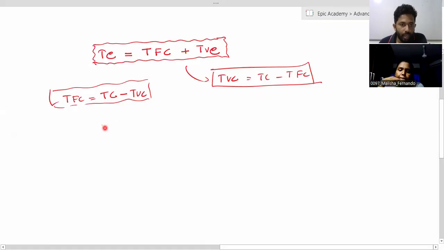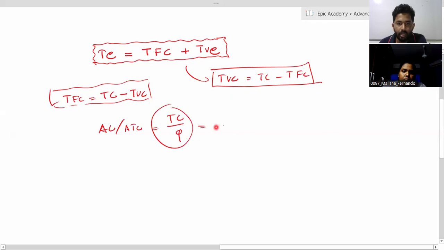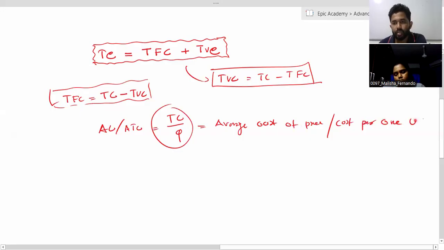So what about the AC? AC or ATC, average cost. Cost per one unit, TC divided by Q. So TC divided by Q already represents the average cost of production, or cost per one unit, isn't it?